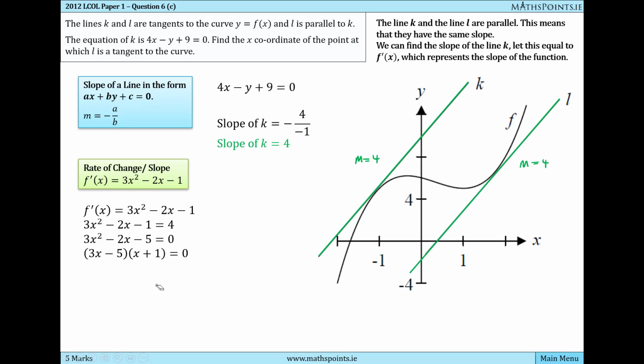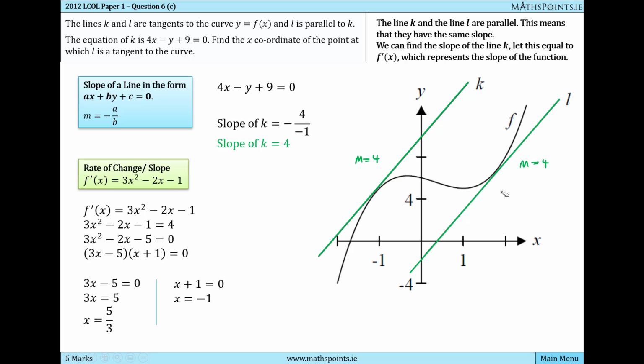So we let each bracket equal 0, 3x minus 5 equals 0, and x plus 1 equals 0. On the left hand side, 3x minus 5 equals 0, we're going to add 5 to both sides to give 3x equals 5. And we're going to divide both sides by 3 to give x is equal to 5 over 3. On the right hand side, x plus 1 is equal to 0. We'll subtract 1 from both sides to give x is equal to minus 1.